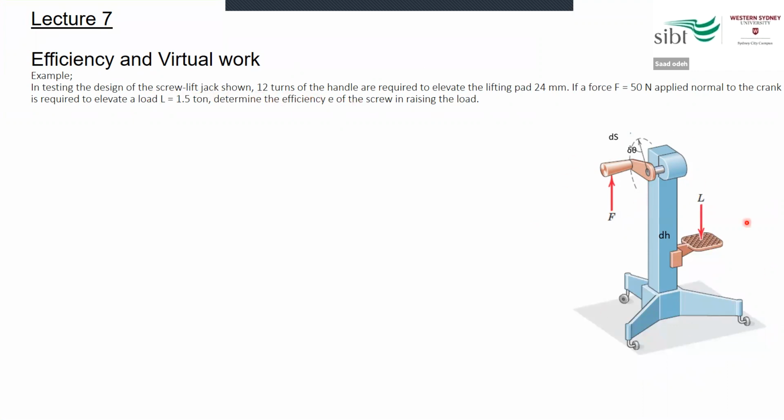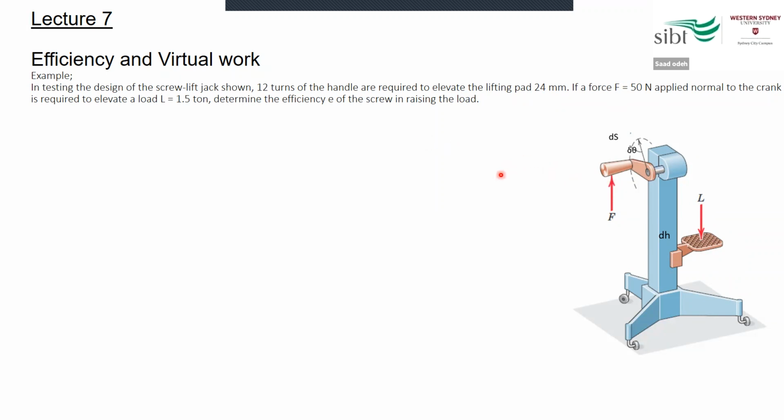In this figure, we were turning this handle 12 turns to lift this platform 24 millimeters, and the force applied here was 50 Newton. So we want to find out the efficiency of the system.